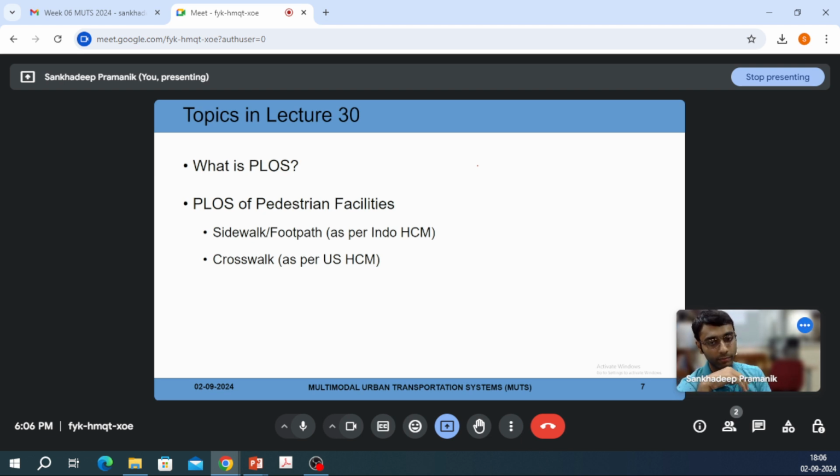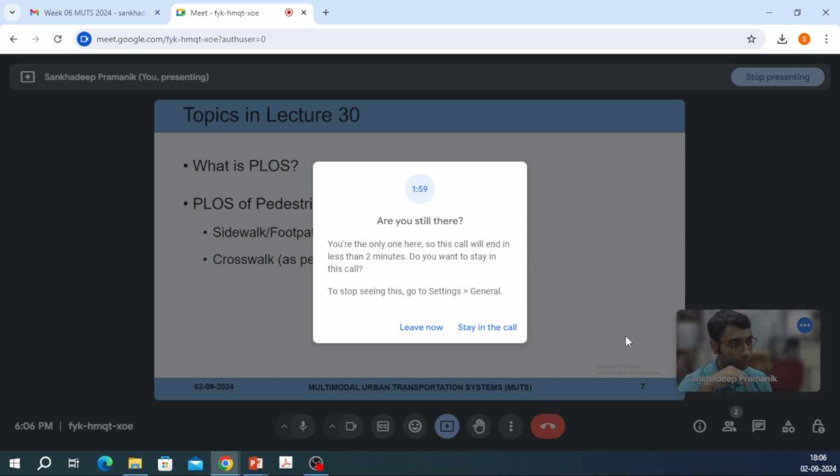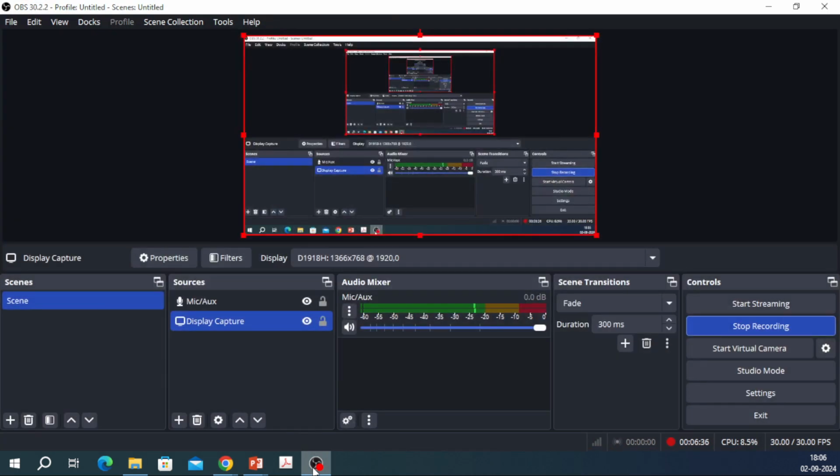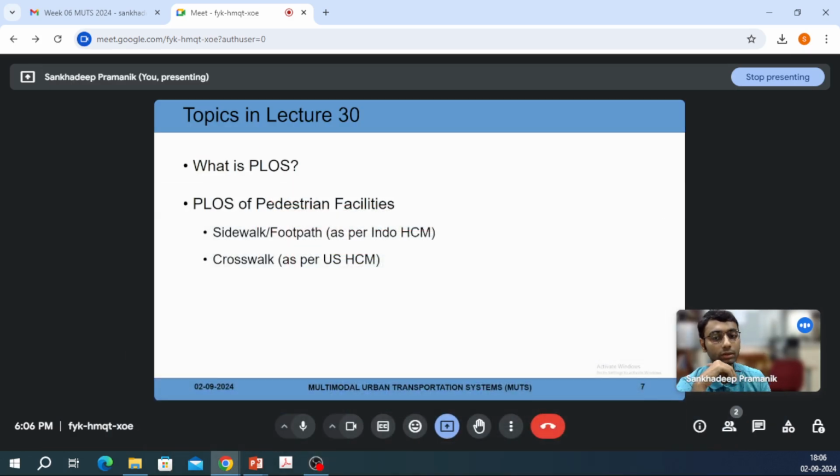Pedestrian level of service may be different in different contexts. We also discussed how to determine the level of service for a crosswalk at a signalized intersection based on the US Highway Capacity Manual. With this we have concluded week 6.